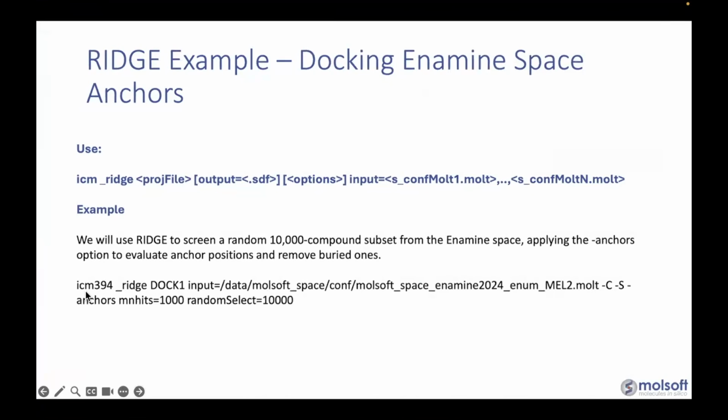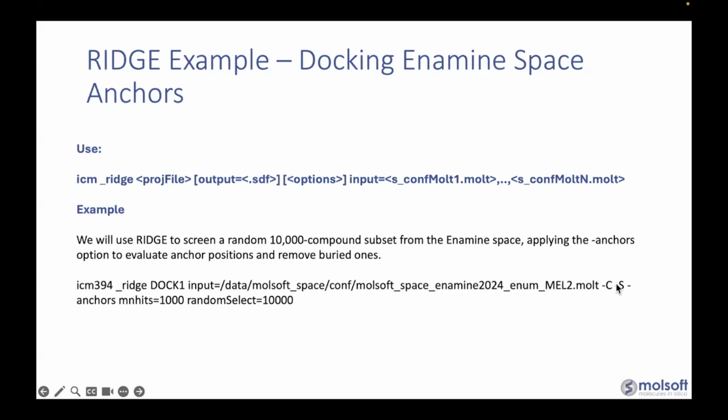So what I ran was called ICM, called Ridge. The docking project is mydoc_3fsk, not doc1. The input was the multi file, which I have saved in this. You have to give the path to where that multi file is saved. There are some options that you can use.